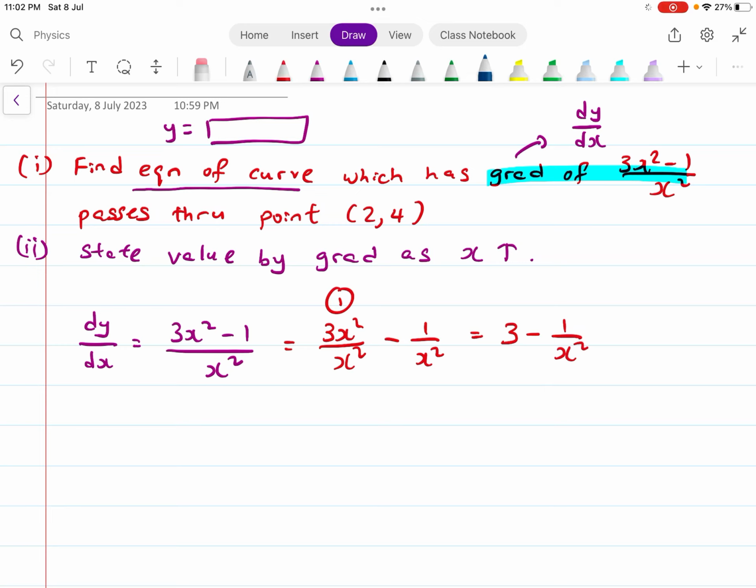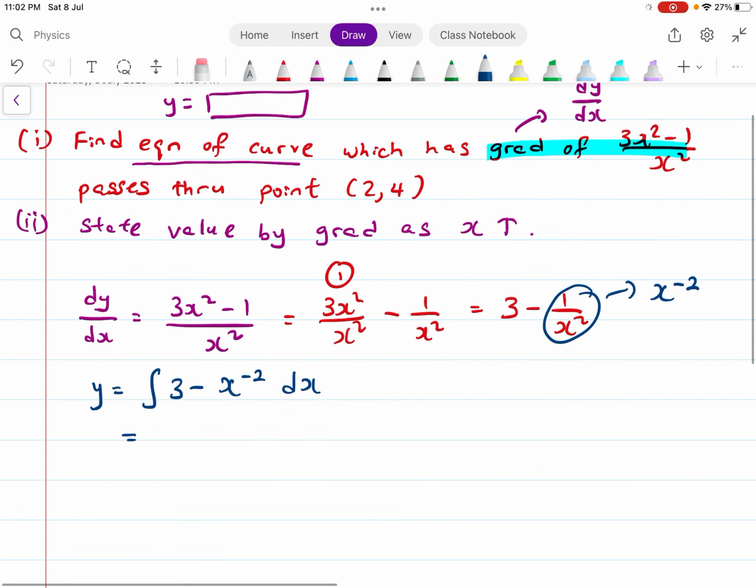So y equals the integral of 3 minus 1 over x squared. Of course, the 1 over x squared you can make into pure indices, which is x to the negative 2, so this is x to the negative 2 dx. This will give you, first term, 3x.